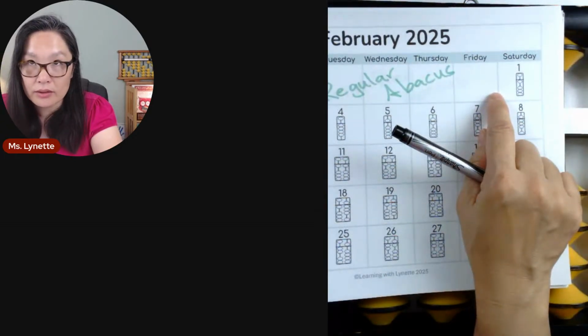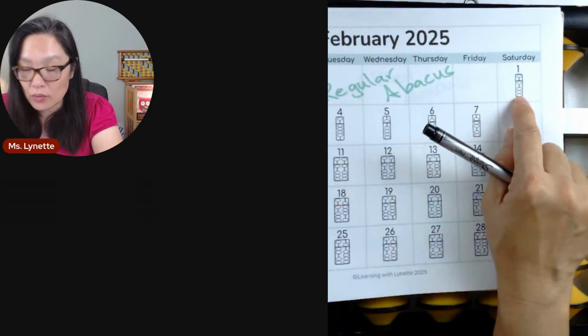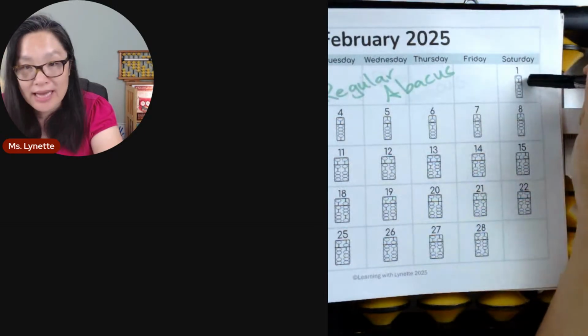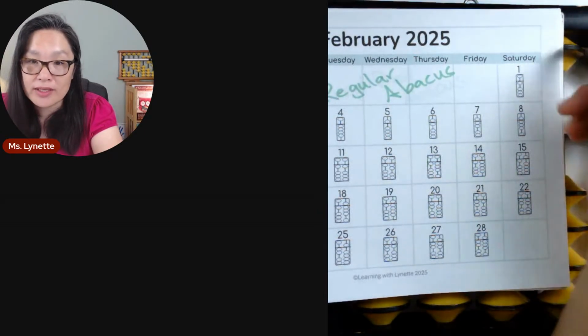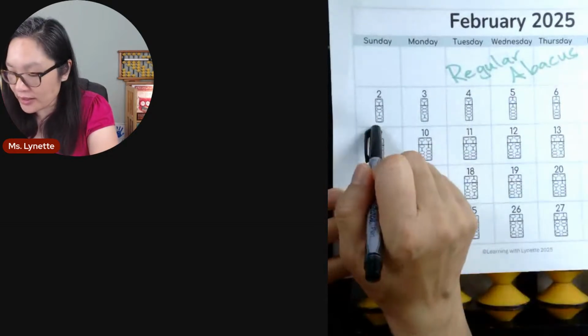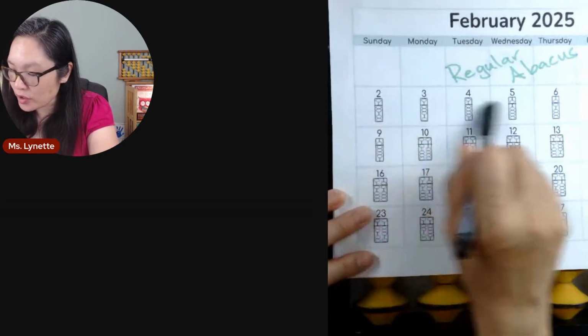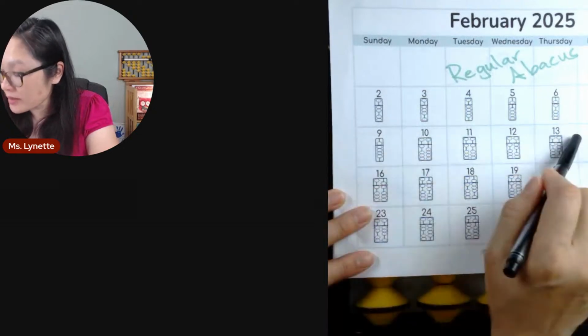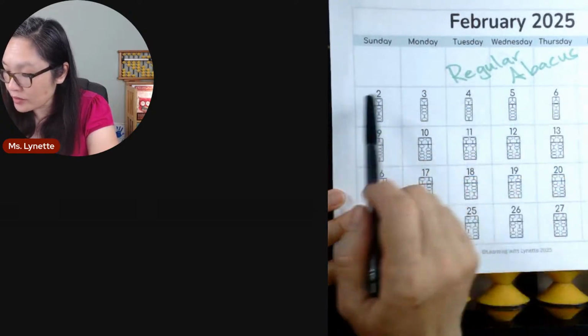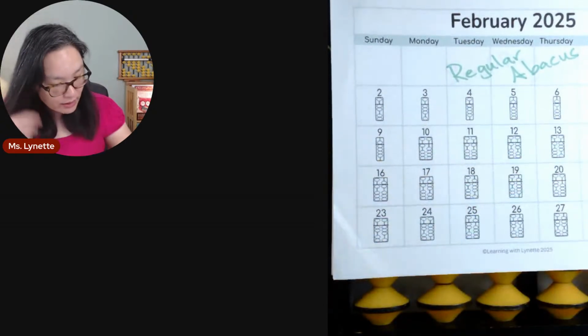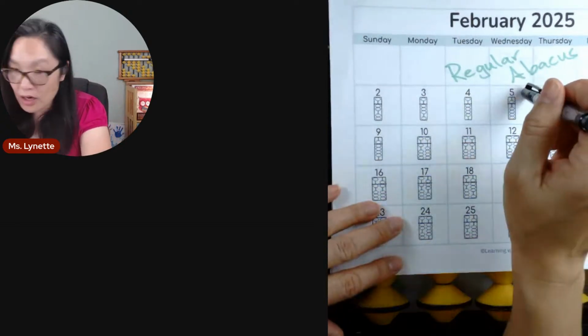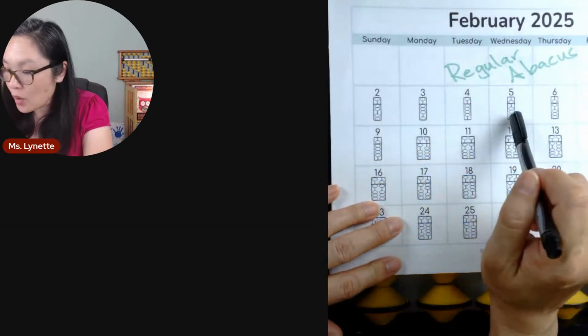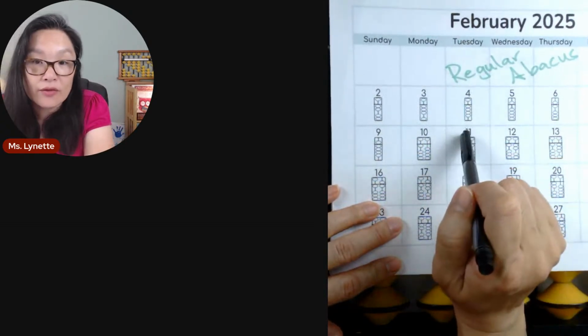So here you can talk about what the number one is. It happened on a Saturday, and what's after Saturday is Sunday. So we could talk about the sequence of the numbers and the days of the week, right? If we're here on the 5th, you can ask, well, what was yesterday? Well, yesterday was the 4th, right?